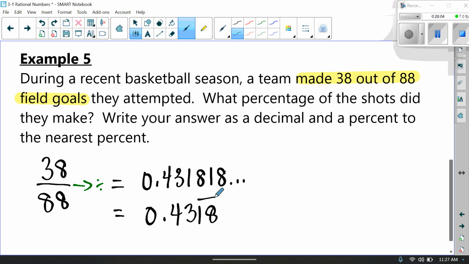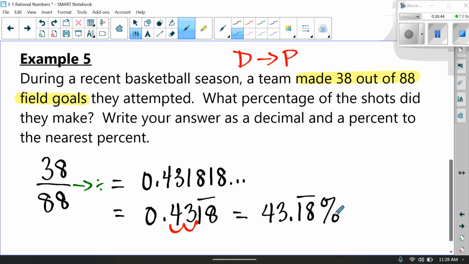Now we want to change this to a percent. Decimal to percent, which way do I move the decimal? To the right. How many places? 2 places. And now my percent is 43.18 repeating percent.